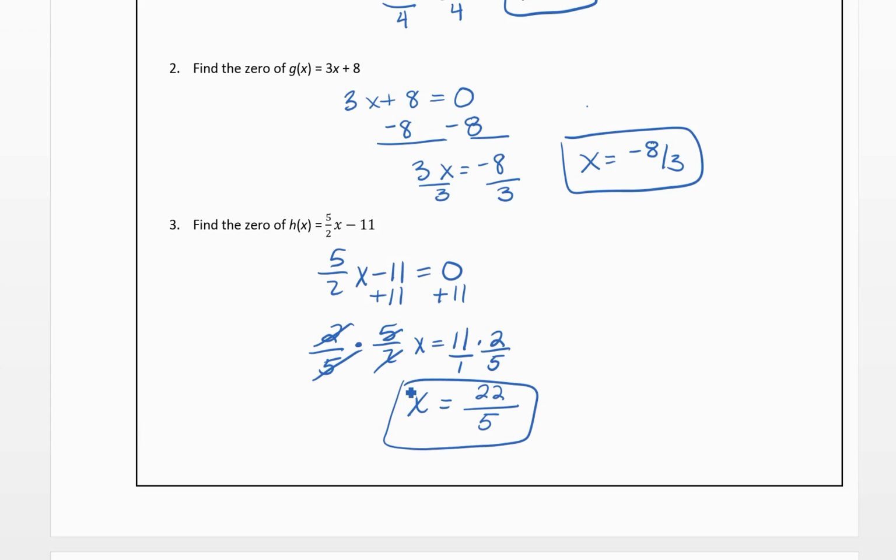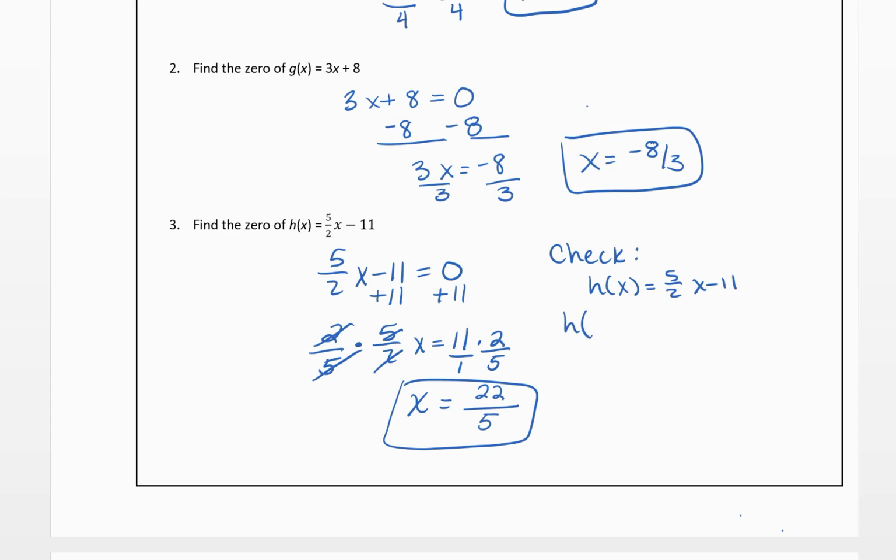Now, if you ever want to check this, and you could do this for any of them, plug your answer in for your x in your original equation. So here we had h of x equals 5 halves x minus 11. We're going to plug in our 22/5, and we want to see, do we get 0?